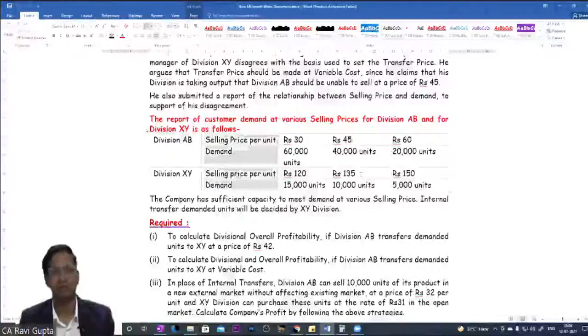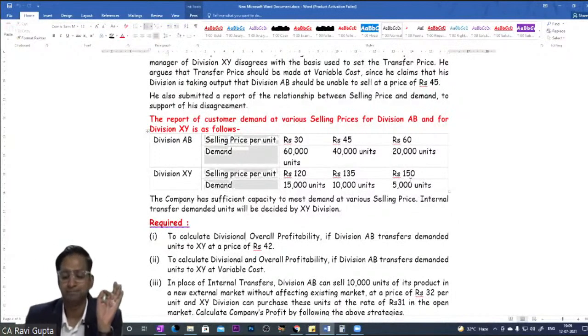At what level is he going to operate? That will be decided by the contribution. If the contribution is higher at 5,000 units, we will decide that, or if it is higher at another point, we will decide that point. So we need to calculate the contribution.